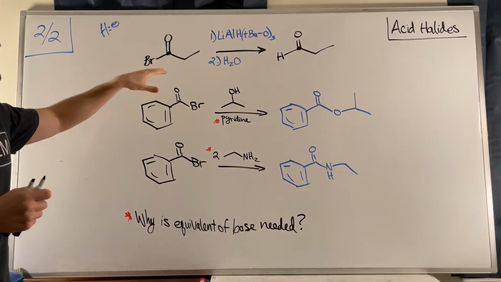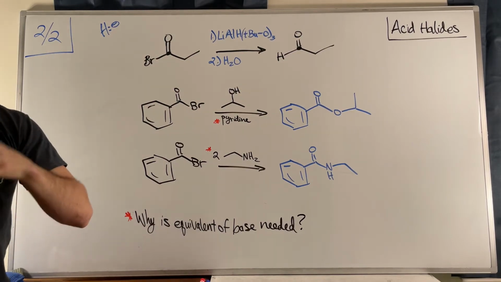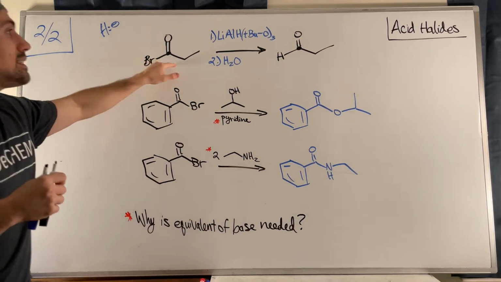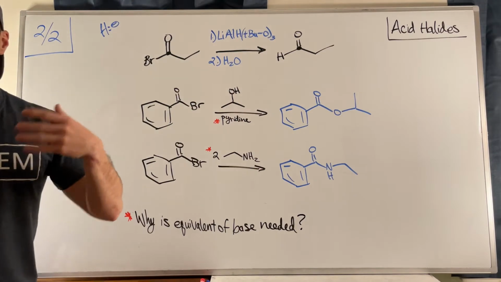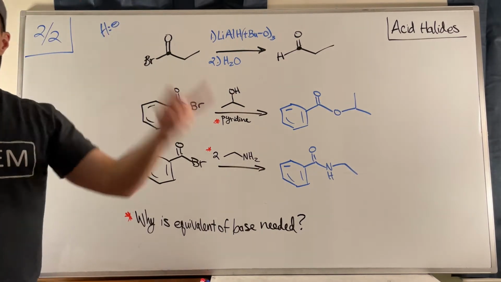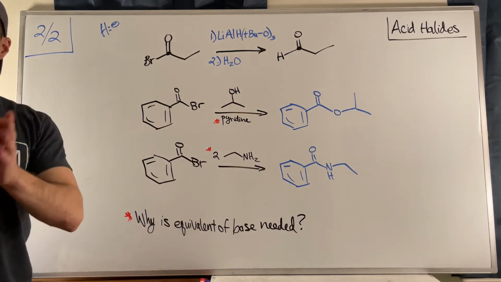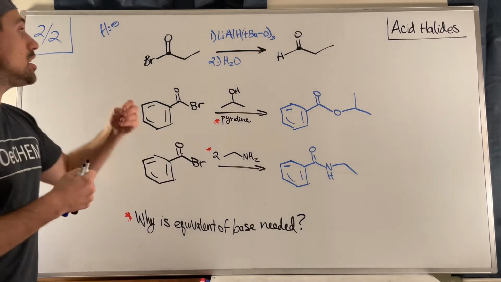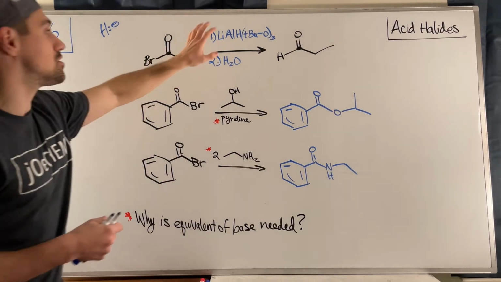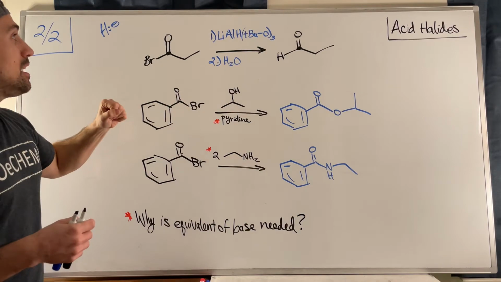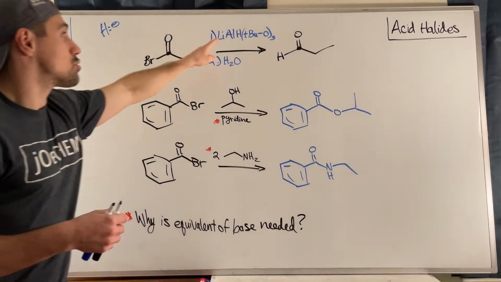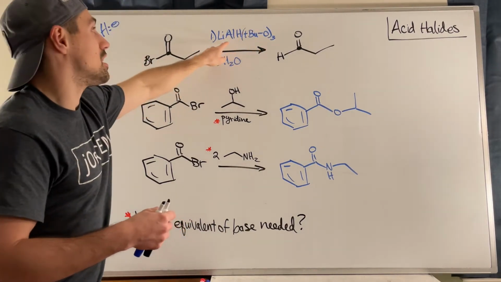So we need a very mild source of H minus so that we only attack once, we only do one attack via addition elimination, right? So the best source that you can use in this case where you only want to attack once with an acid halide is the lithium tri-tert-butoxy aluminum hydride.